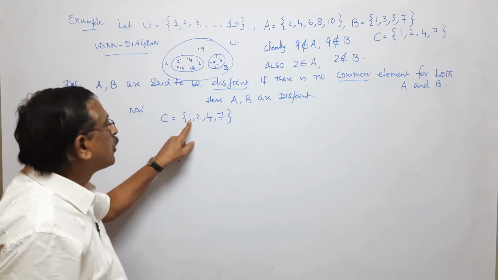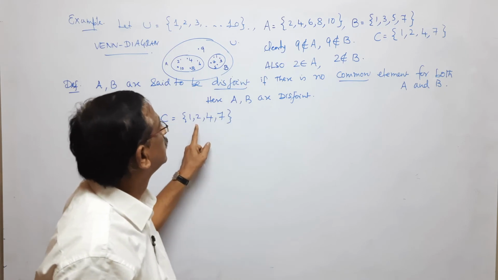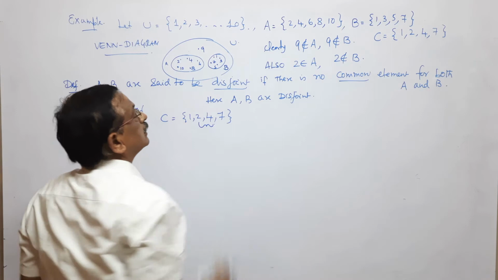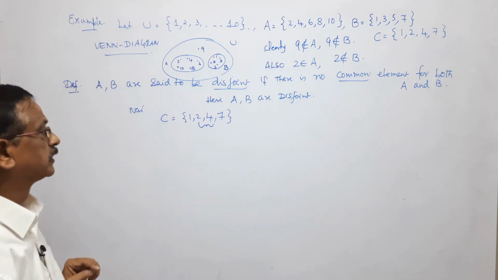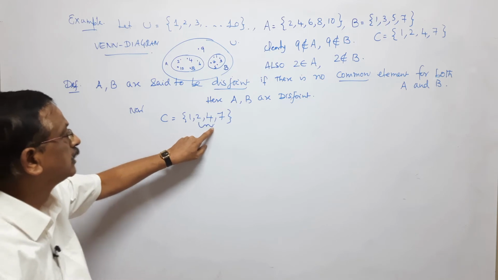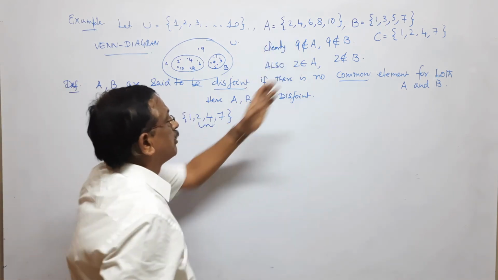There are two elements common to C and A, namely 2 and 4. What about B?